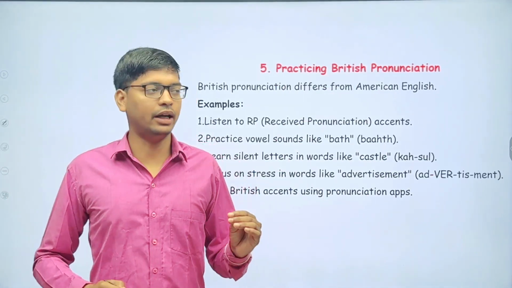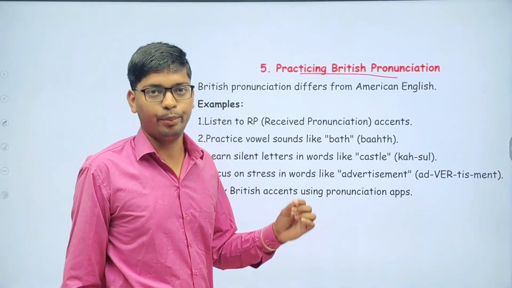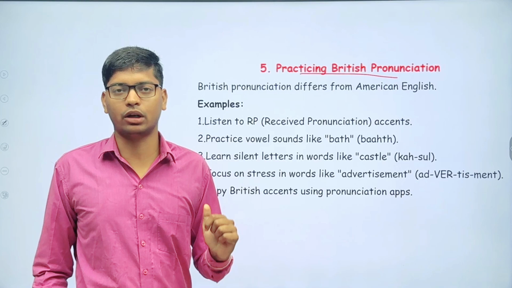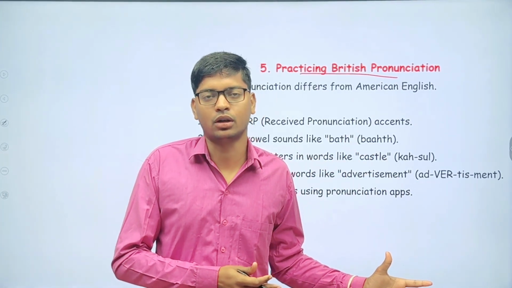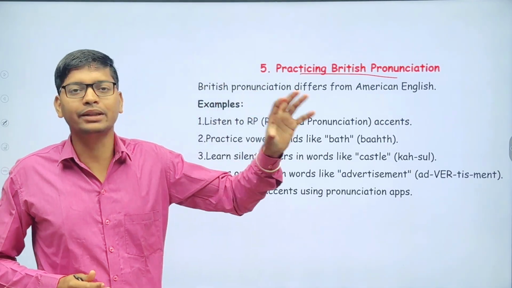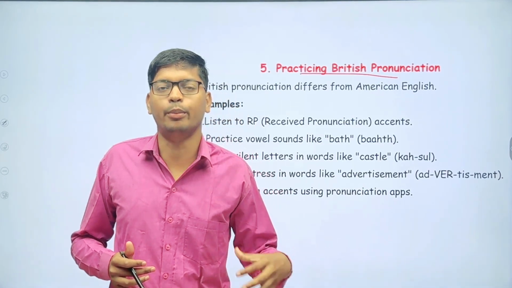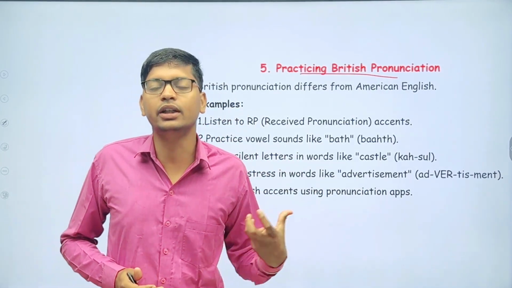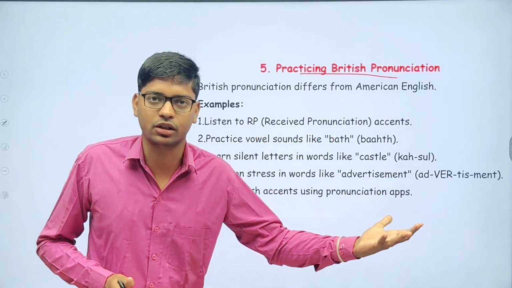The next method is practicing British pronunciation. You know guys, without learning pronunciation rules, there are common things like American English pronunciation, British English pronunciation, Australian English pronunciation, non-native speakers' pronunciation.